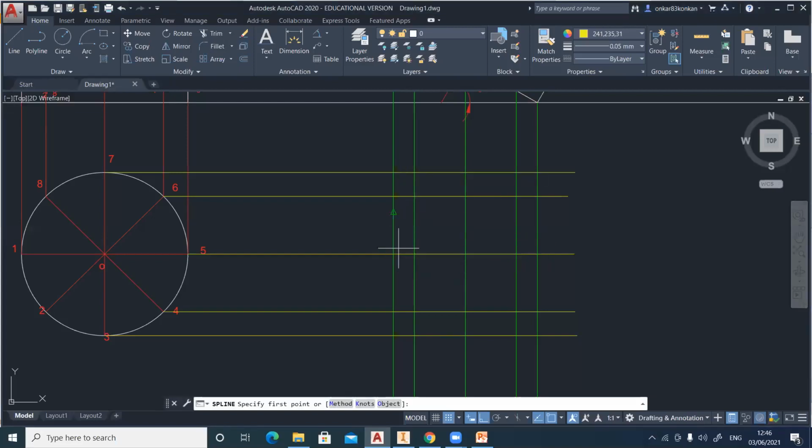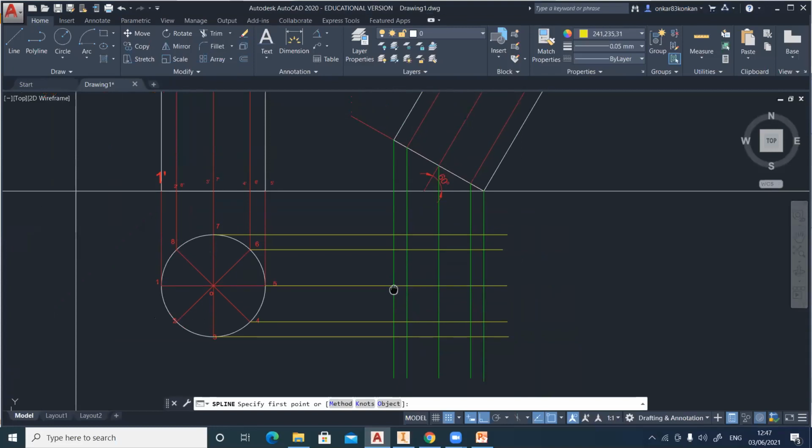Just observe how to connect all these points. This is the first intersection point, so I think this is point 1. This is the second point. This is third. This is seventh point. This is sixth point.